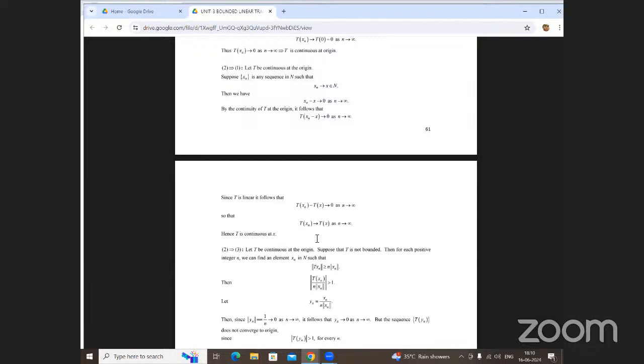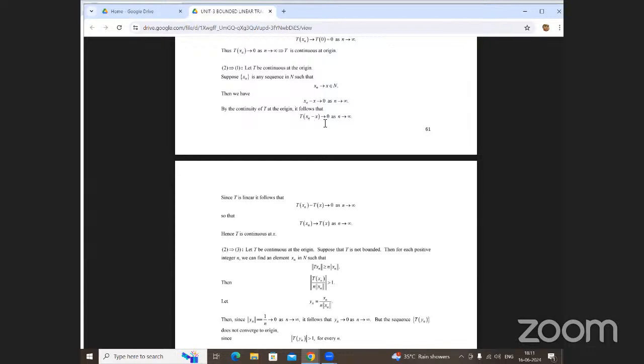By the second condition, xn converges to x implies T of xn goes to the origin as n tends to infinity. Applying minus x on both sides, xn minus x converges to 0.